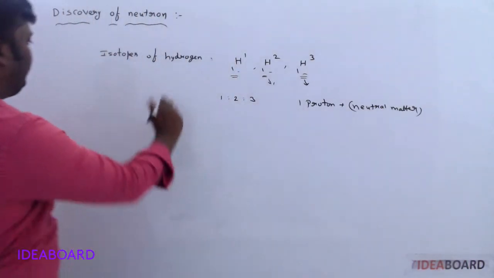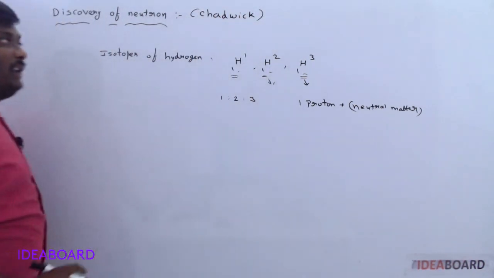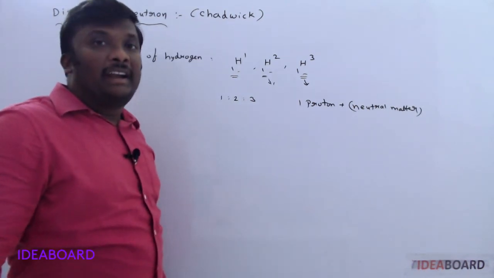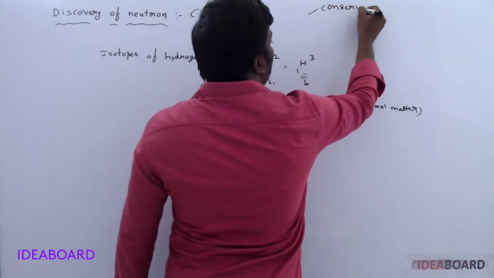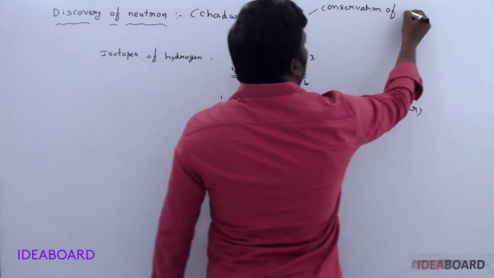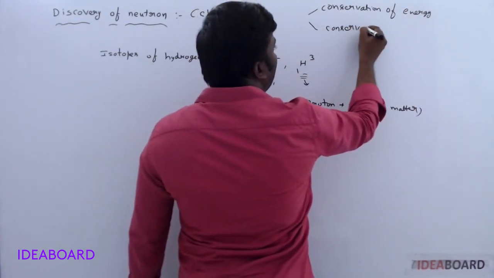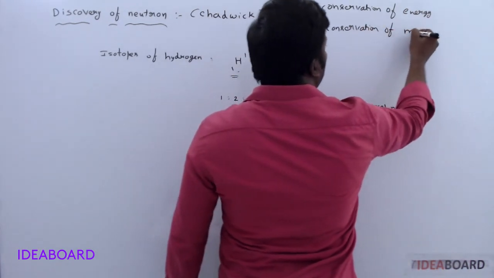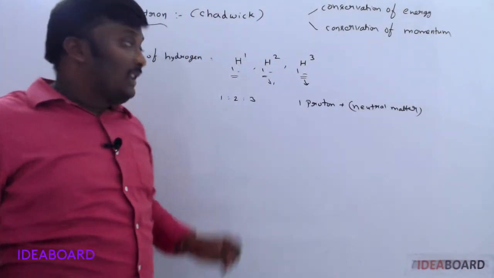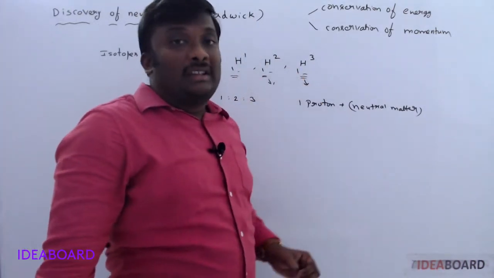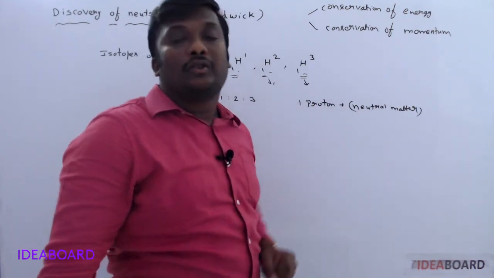Okay, Chadwick observed this hypothesis, and by applying the law of conservation of energy and conservation of momentum, he concluded that yes, within the nucleus with the proton there are some neutral particles also present.